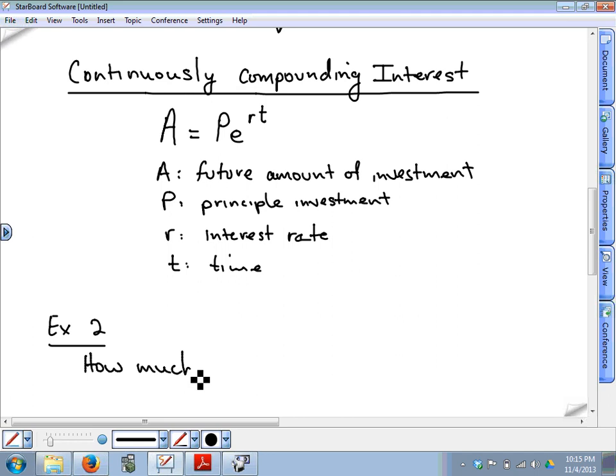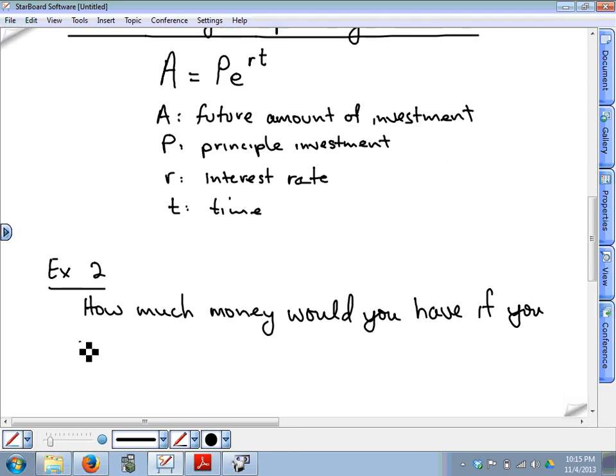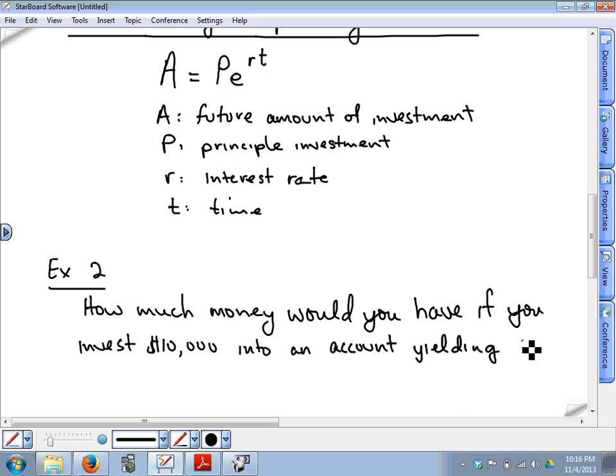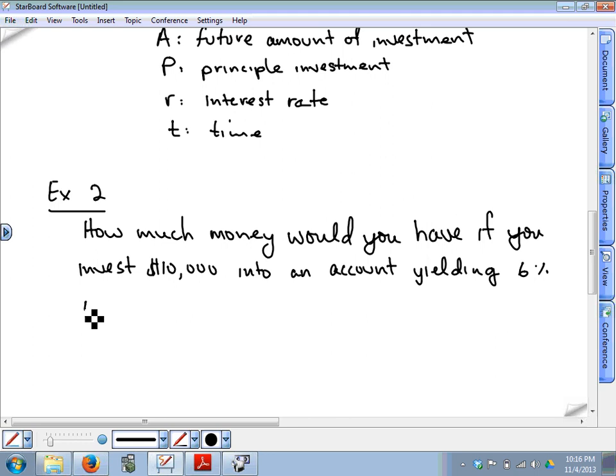How much money would you have if you invest $10,000 into an account yielding 6% interest compounded continuously?